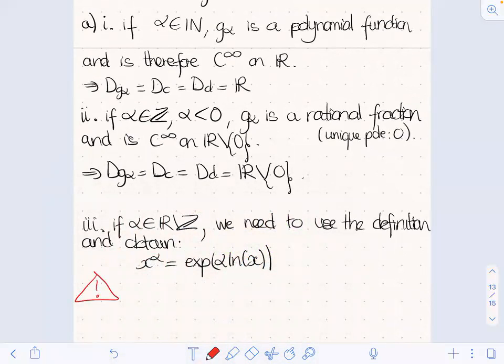What you can note then is that this is only defined on R plus star.